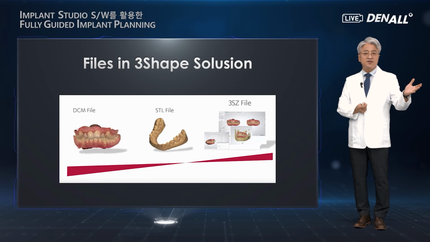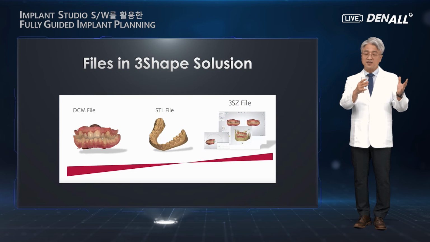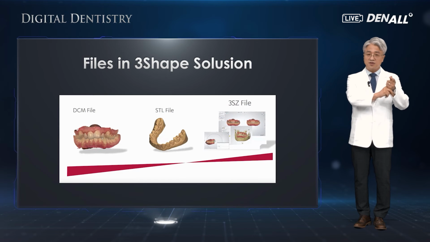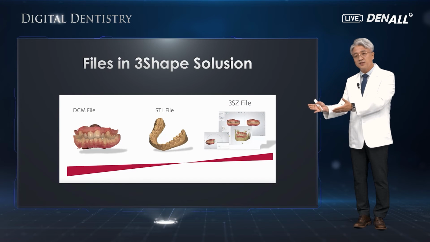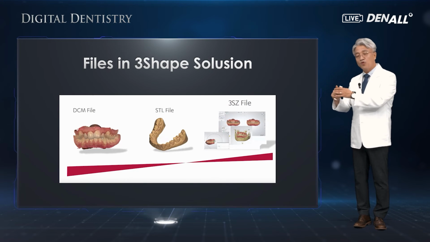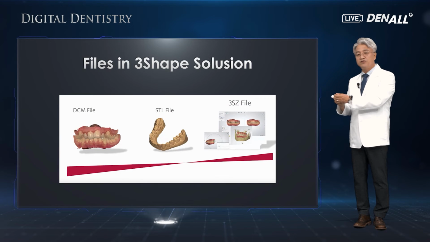At the Implant Studio, fixture coordinates are added to the CT data and intraoral scan data. They are added together, and after that, they are moved to the prosthesis software. Using the coordinates, the prosthesis can be fabricated.